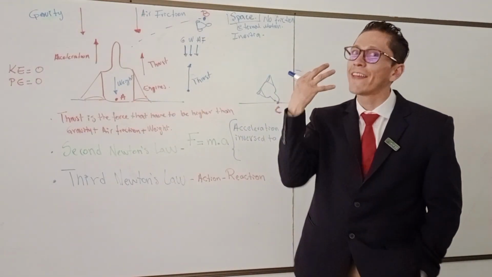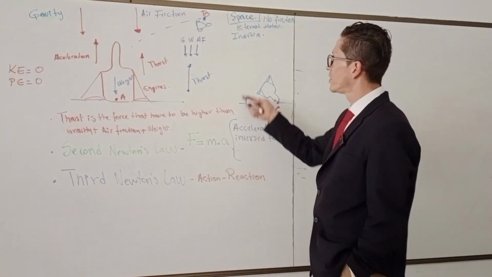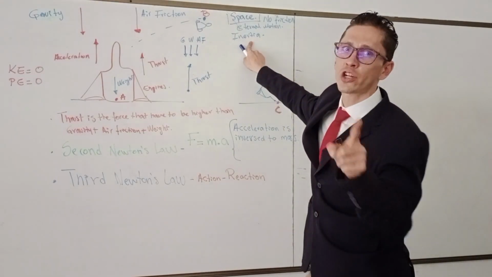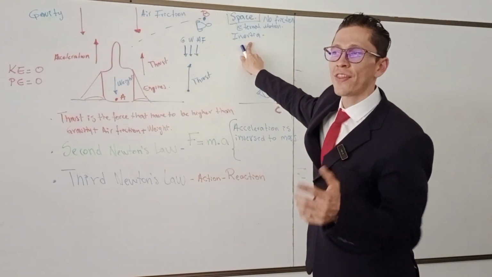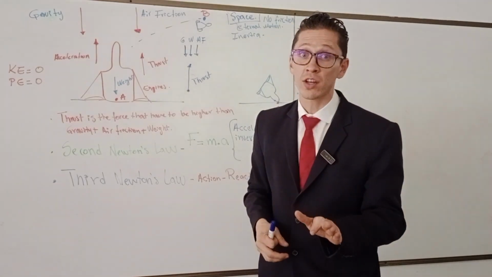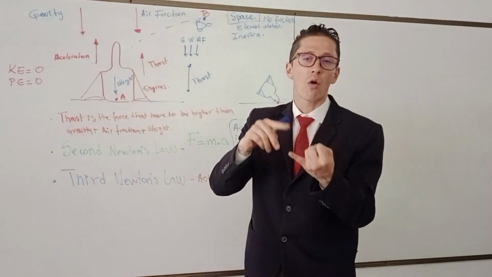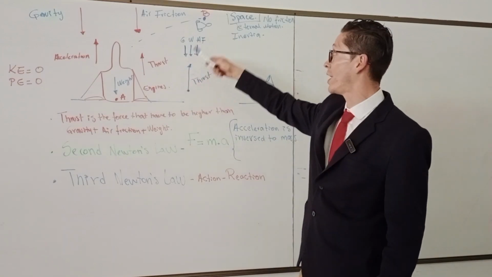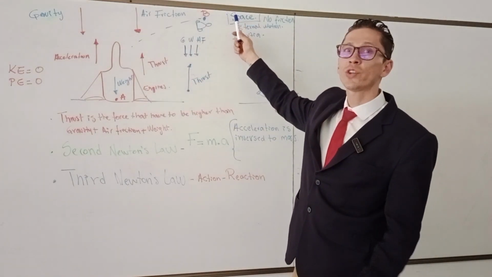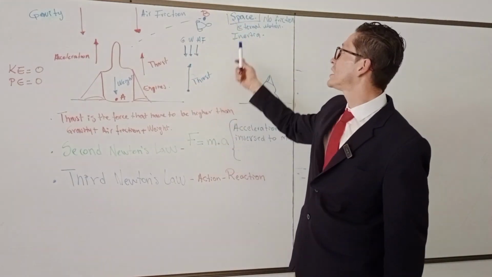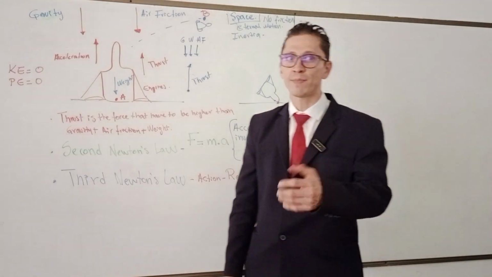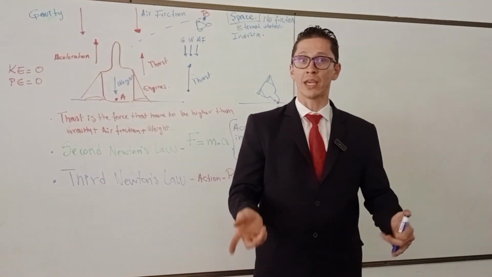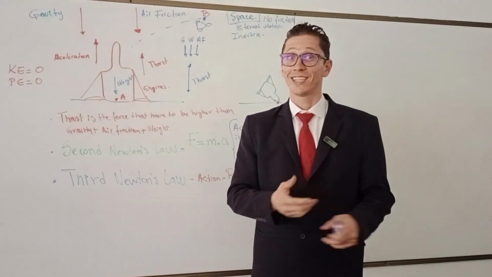Then that's the logic. And here we are applying the first law, inertia. Why? Because when this rocket has already taken off and is getting into space, this space has no friction, and it means that the first Newton's law will be accomplished.